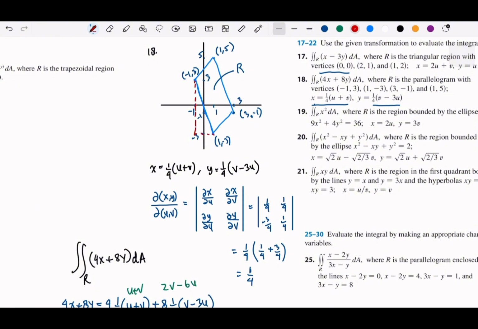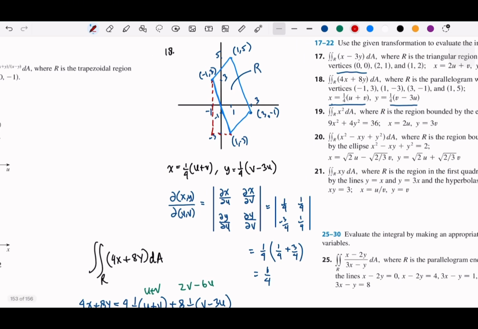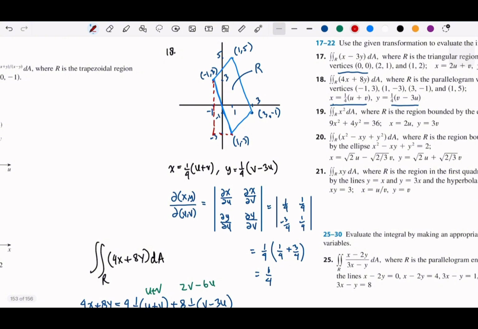So at least you have 6 and 2, so it's around this will be 2, this will be 6.